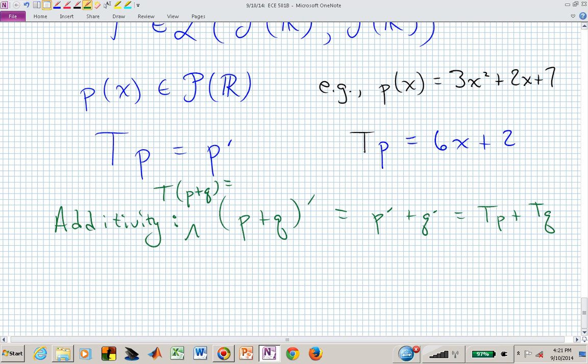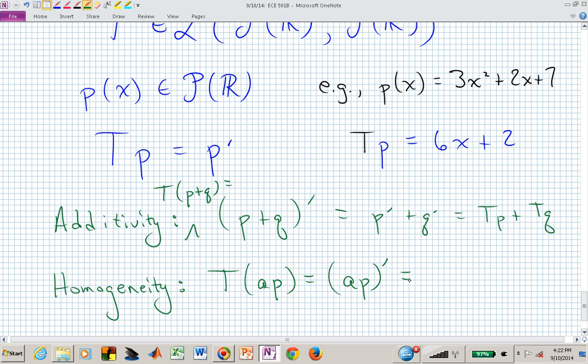What about homogeneity? Now we could say, oh, we need T of A P. What would that look like? That's now A P prime.